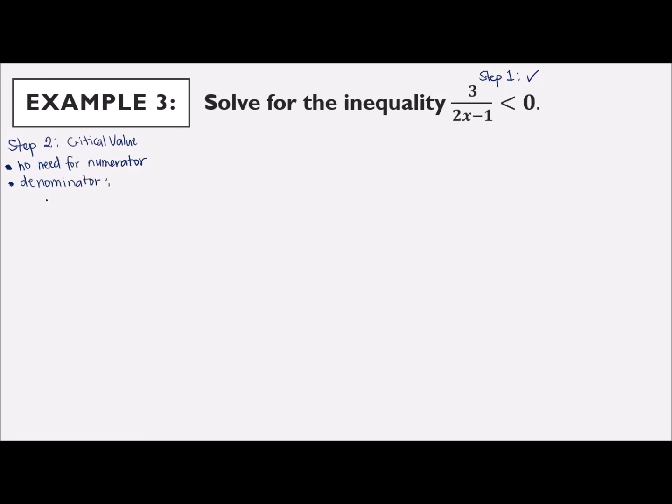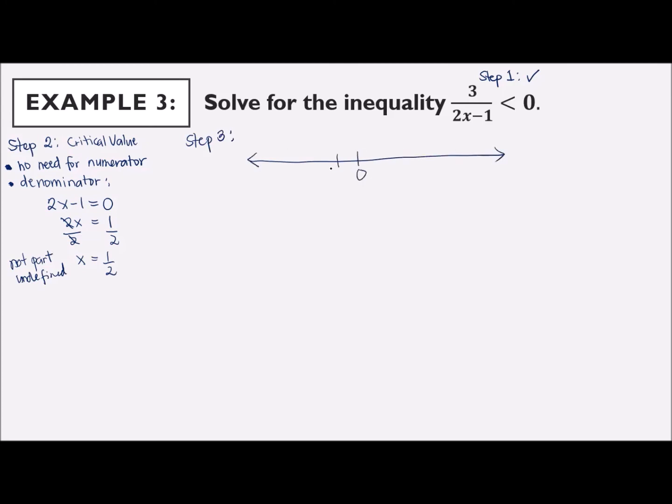So, ang denominator natin ay 2x minus 1 is equal to 0. So, 2x, lipat si negative 1 magiging positive 1. Divide both sides by 2. Alam nyo na yan. So, you will have x is equal to 1/2. So, if that's the case, sinabi ko na sa inyo na pagka-denominator ay not part of the solution. Kasi siya ay magiging undefined. Okay? So, pagdating sa step 3, number line tayo.